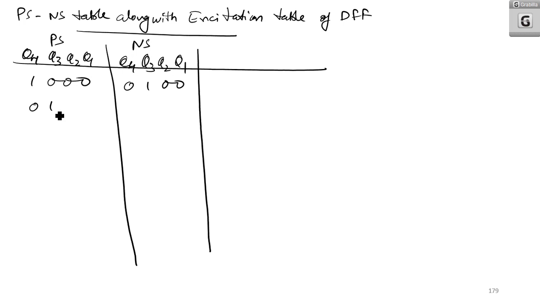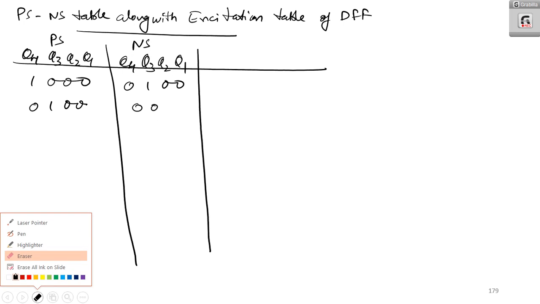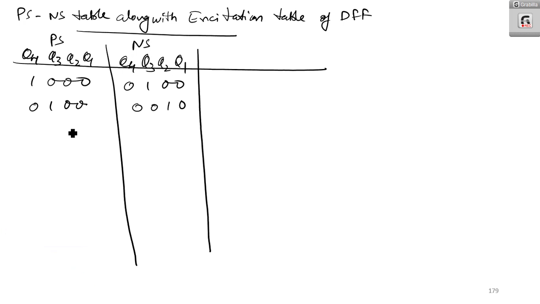Then 0 1 0 0 will be changed to 0 0 1 0. Then if it is 0 0 1 0, the next state is 0 0 0 1. And if it is 0 0 0 1, it will go back to 1 0 0 0.